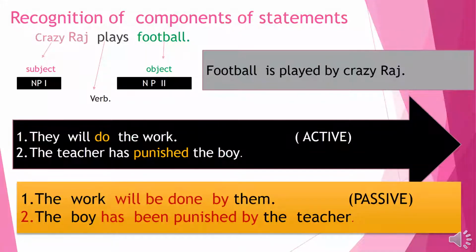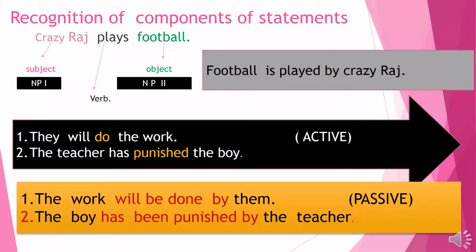More examples are here. They will do the work and the teacher has punished the boy. In both the sentences, they and the teacher are the subjects and doers of the verb, at the place of subject, and the work and the boy are the objects of the sentences.